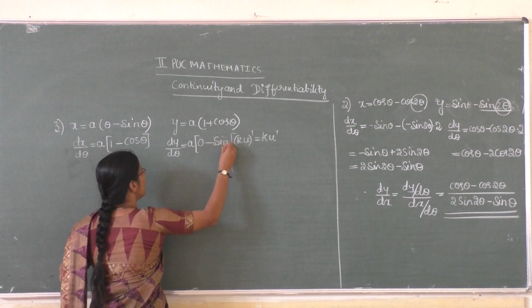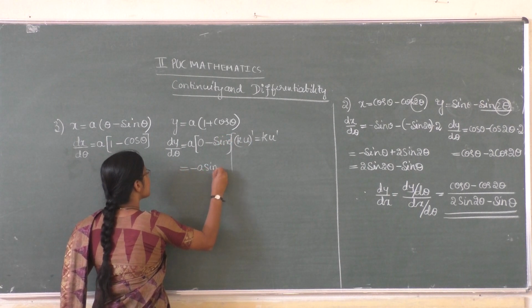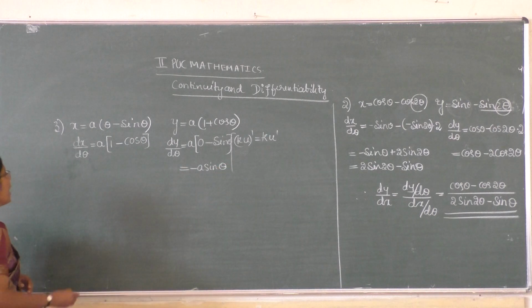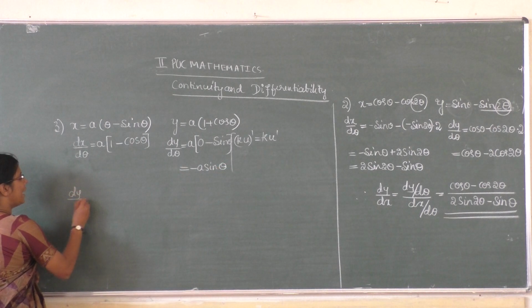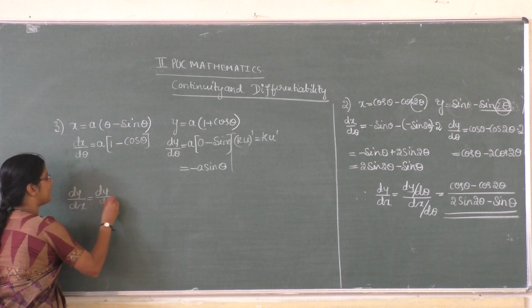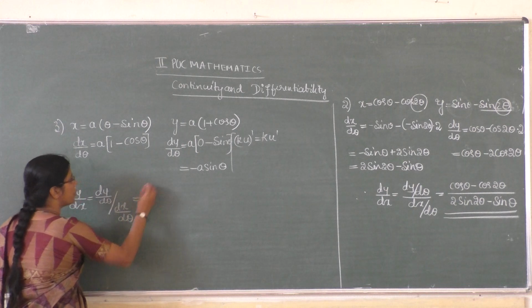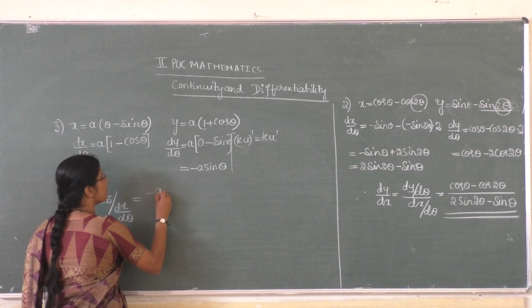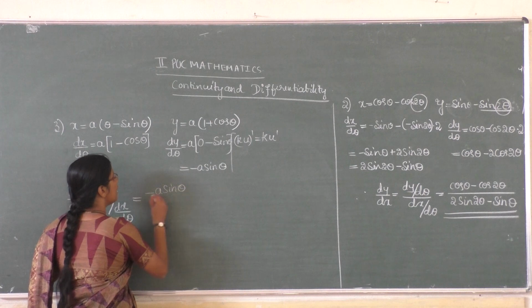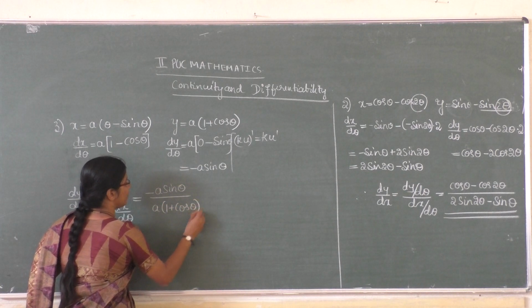So we have minus a sin theta. So now dy by dx is equal to dy by d theta divided by dx by d theta. So dy by d theta is minus a sin theta, and here a into 1 plus cos theta.